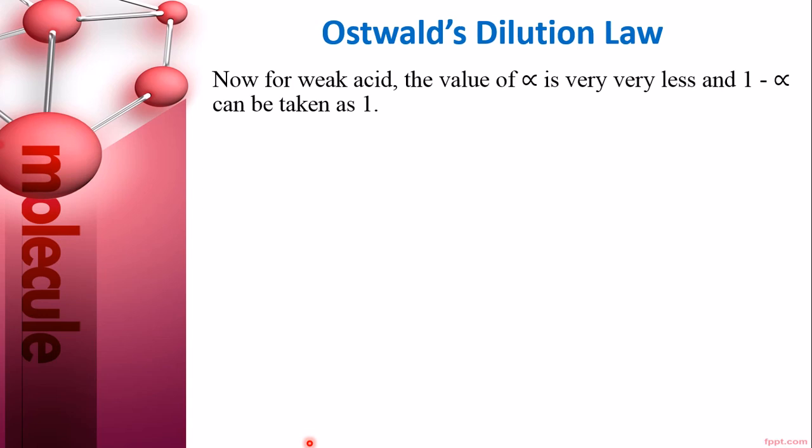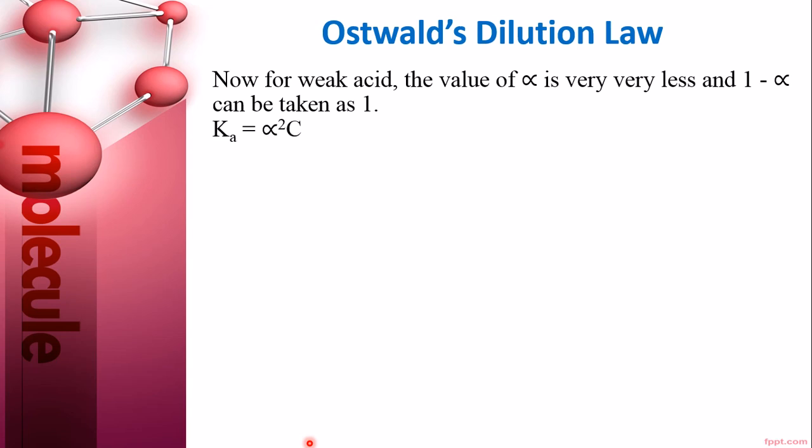Now for weak acid the value of alpha is very small. Why? Because the dissociation is very small. So alpha is very small. That means 1 minus alpha can be written as 1.